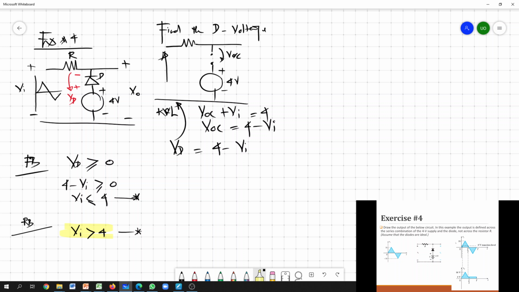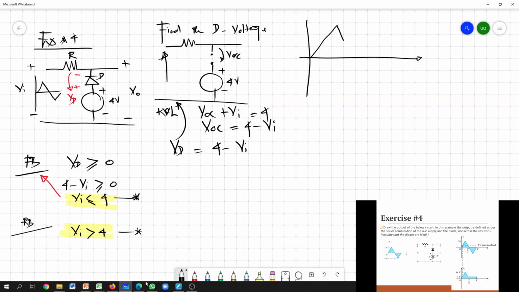Once the input is less than 4, the diode is forward bias. Less than 4, forward bias. So if your input is less than 4, the diode is forward bias, and greater than 4, the diode is reverse bias. So let's draw the input.